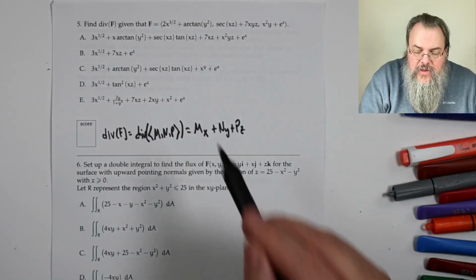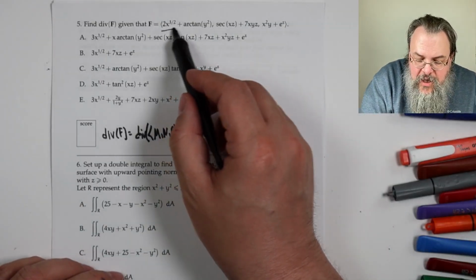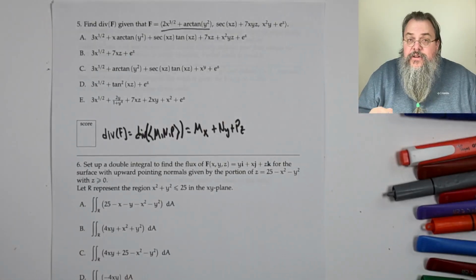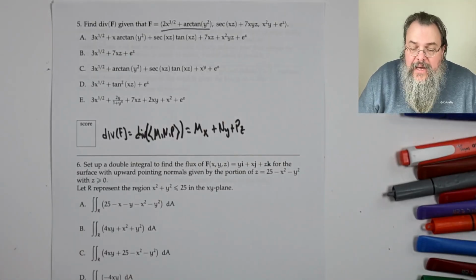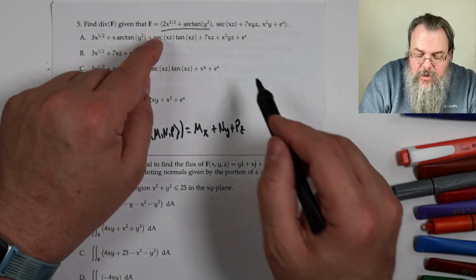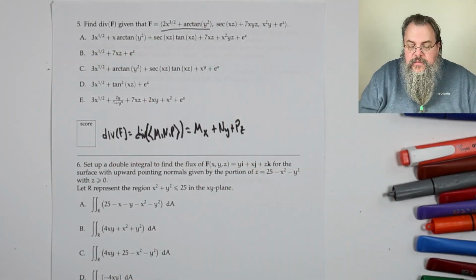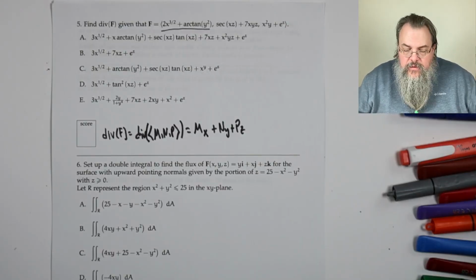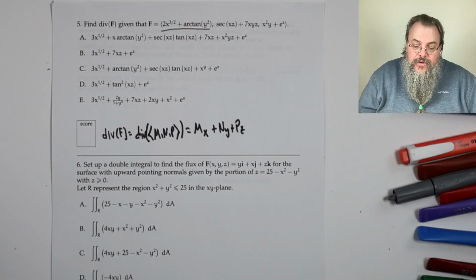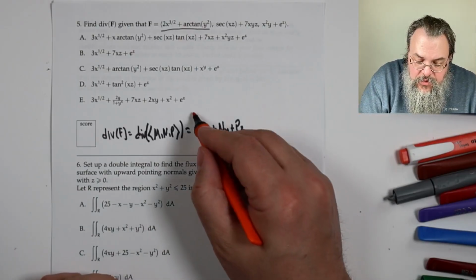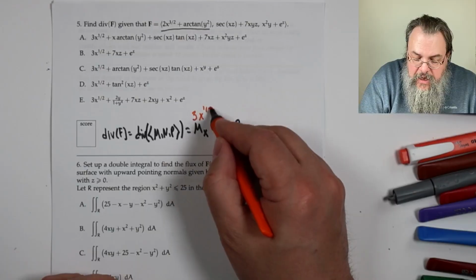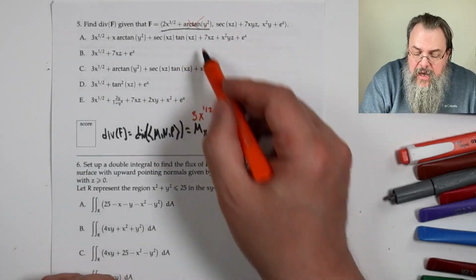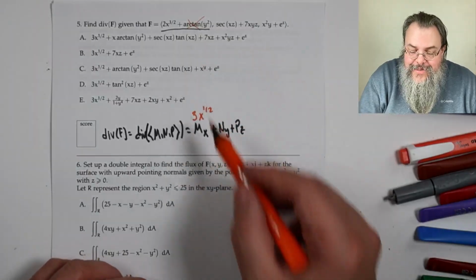And you just go through and say, okay, go to the first slot and take the derivative of that with respect to x. All right, well, the derivative of 2x to the 3 halves with respect to x, the 3 halves comes down. 2 times 3 halves is 3, x to the 1 half. And this doesn't really matter because there's no x.